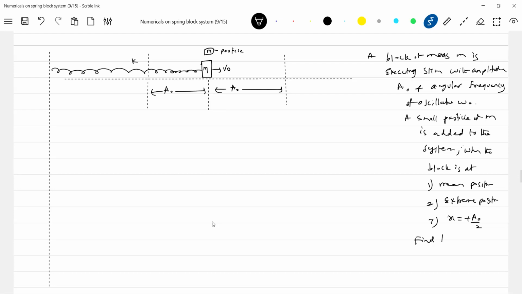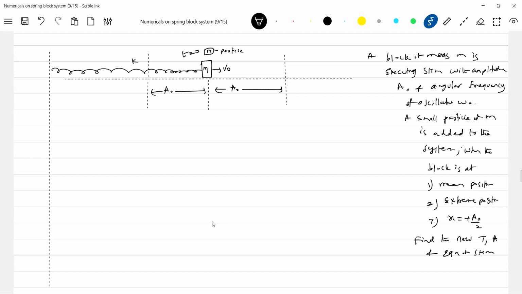Find the new time period and equation of SHM. So this is at t equal to 0.